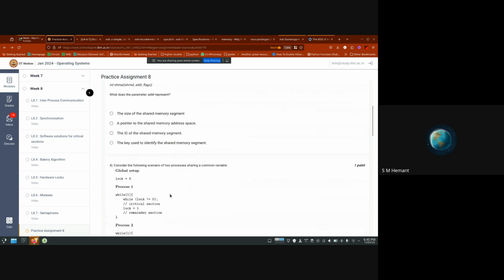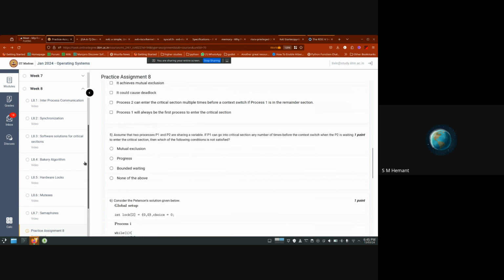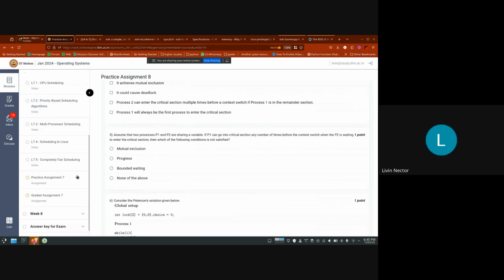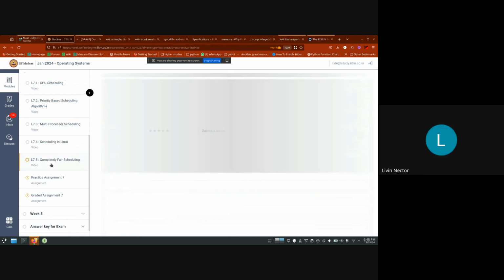So I was having a doubt in week 7. If you can explain that. Basically, regarding the IO bound and CPU bound process, we are dynamically adjusting the time slice for the CFS scheduler. Which scheduler? CFS scheduler. This one.